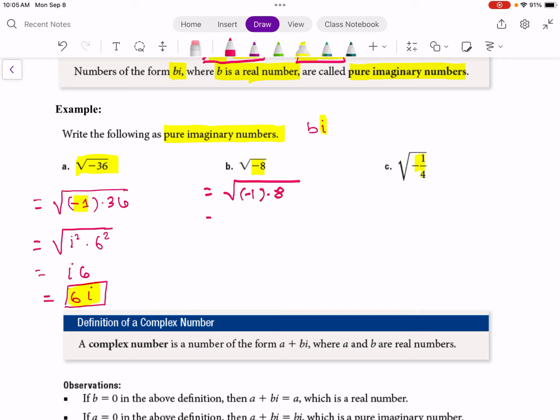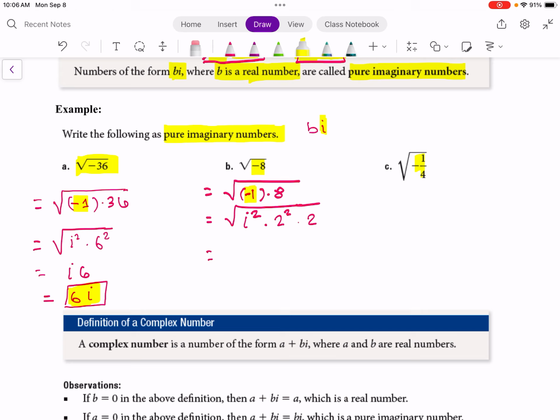The next step, we replace negative 1 by i squared, and we have 8, and we can rewrite 8 as 2 squared times 2, right? 2 squared is 4, 4 times 2 is 8.